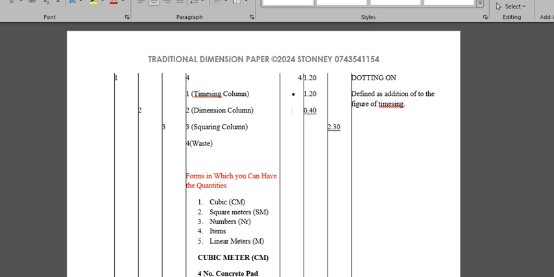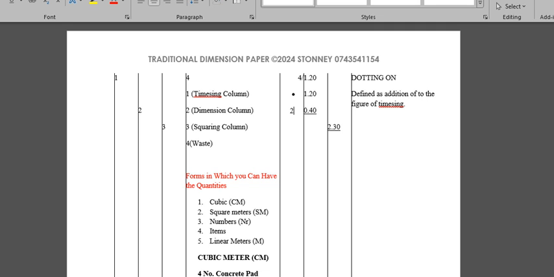So for instance, you are adding two additional column pads, so it's 4 plus 2. When you're doing your squaring, you need to do 1.2 times 1.2 times 0.4 times into bracket 4 plus 2. So dotting on is simply an addition to what you are using to do the timesing.